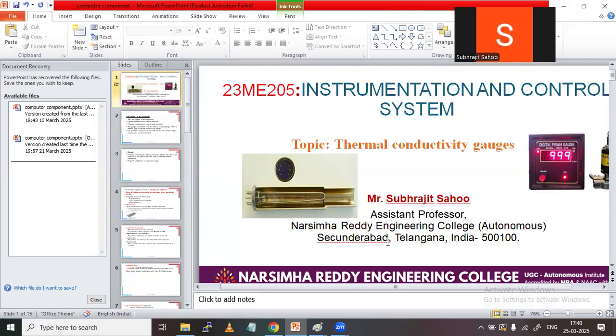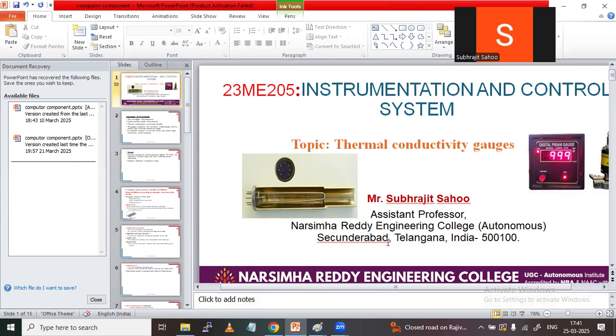No electric power is required. But right now, for the instruments we are going to discuss, an electric current supply, power supply is absolutely necessary. That's why I told you some electrical components will be involved in this particular measuring instrument to measure the pressures, right? Anyway, we will discuss everything slowly.